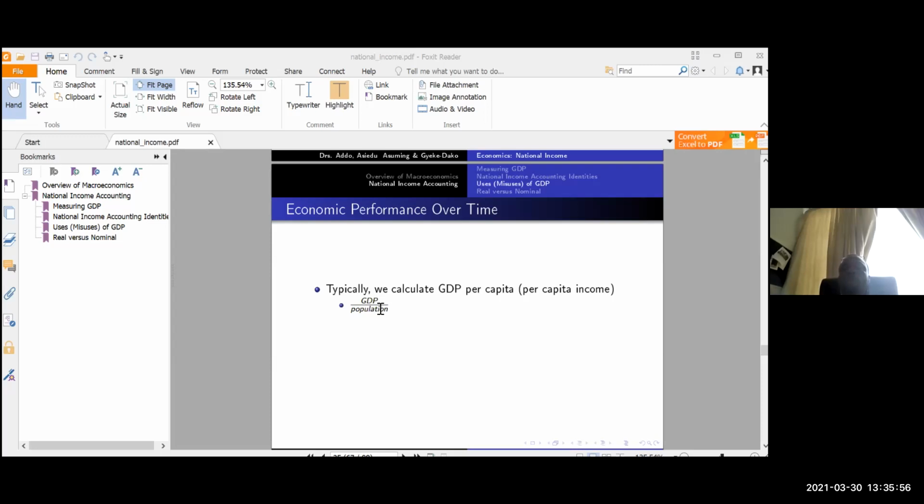Okay, because we are producing more output compared to the population that is doing that. If Nigeria has 200 million people, then what is the level of GDP that these 200 million people are able to produce? And then what is the level of GDP that 35 million people in Ghana are able to produce? So that is how you can, at the barest minimum, compare.